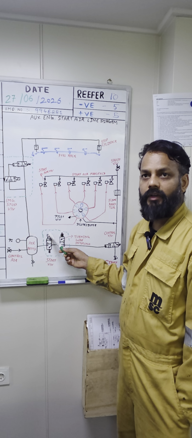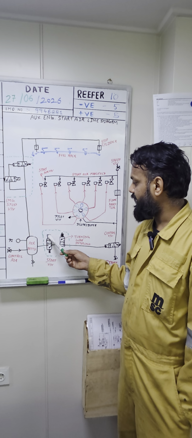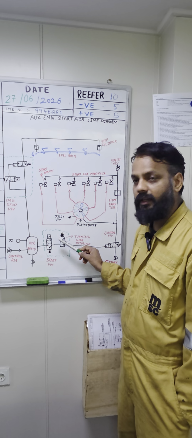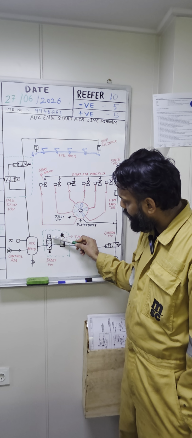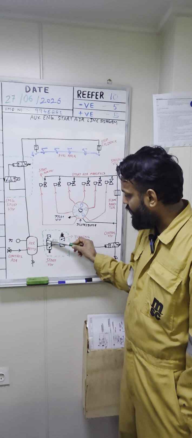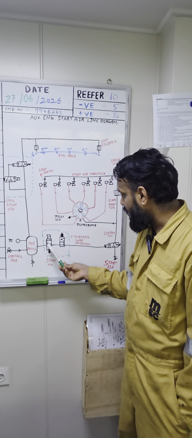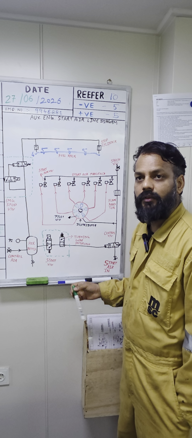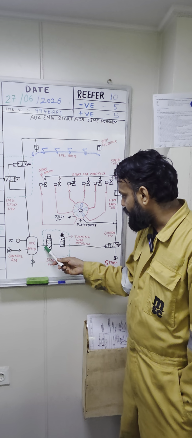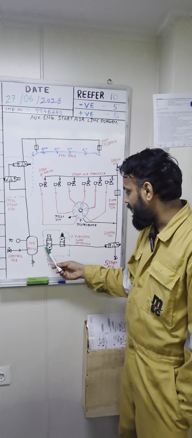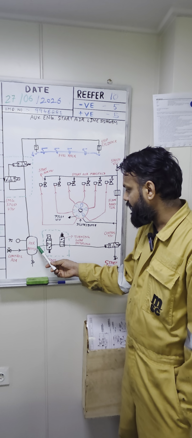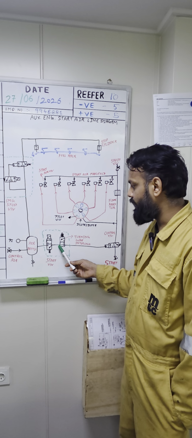So this solenoid will get activated, and it will push down this pneumatic spool. You can see this arrow, this will come to this position. So this control air line is now connected, and control air starts flowing from here to here.